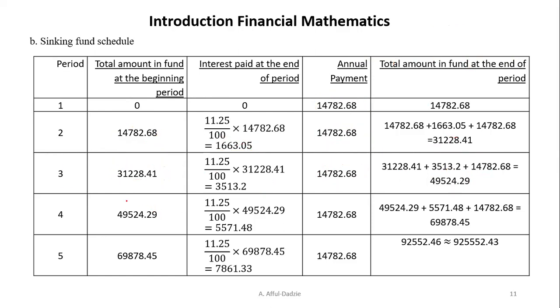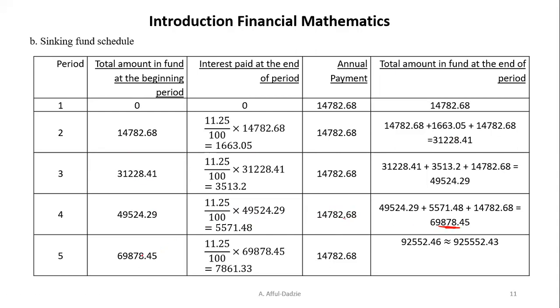So we put all three together, this plus that, and we have our sum here. So when we come to the end of period 4, this is the amount we have, but there must be interest on the previous amount here, plus the new annual payment we must make. So we sum everything, this plus that, and it gives us this.